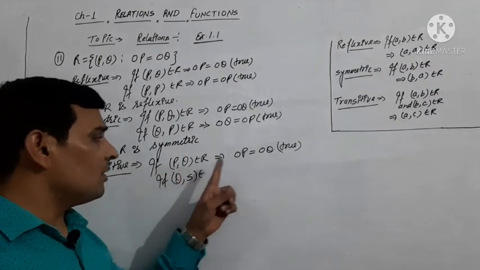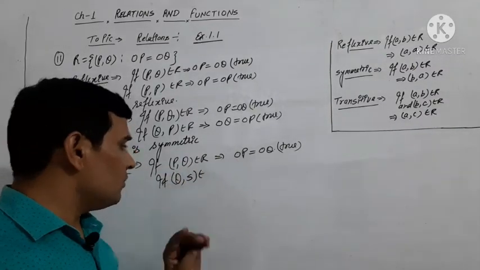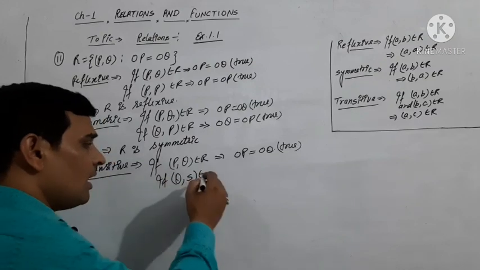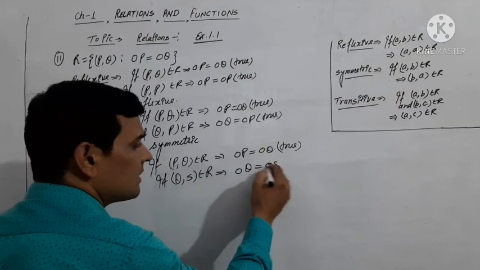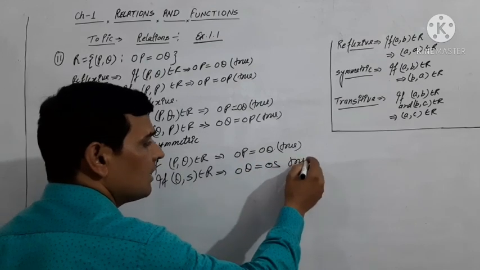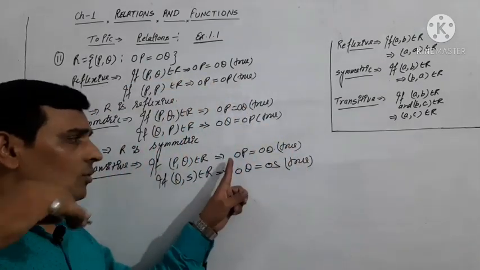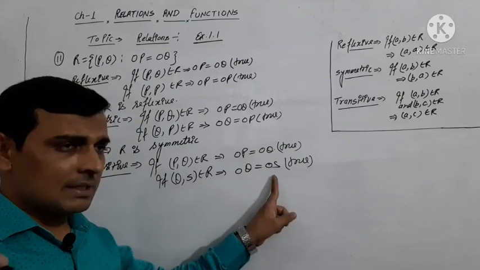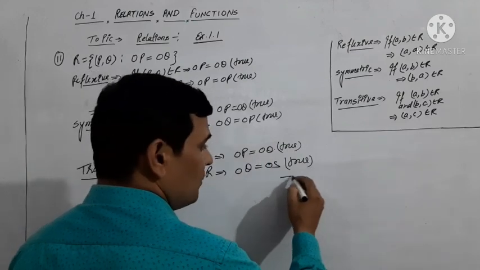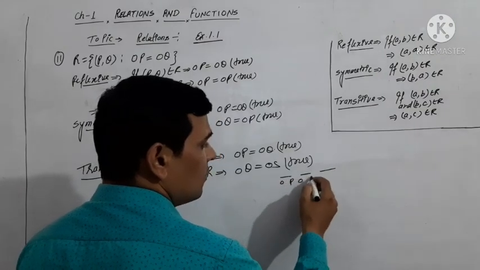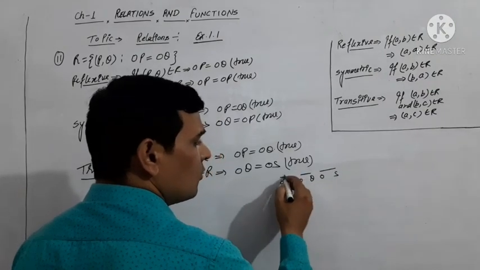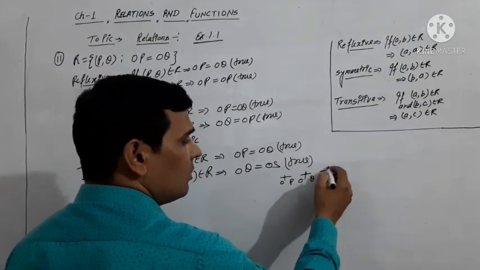If (P, Q) belongs to R, then OP equal to OQ. If (Q, S) belongs to R, then OQ equal to OS. दोनों को कंबाइन करें, क्या कंडीशन निकल के आएगी? OP equal to OQ and OQ equal to OS.